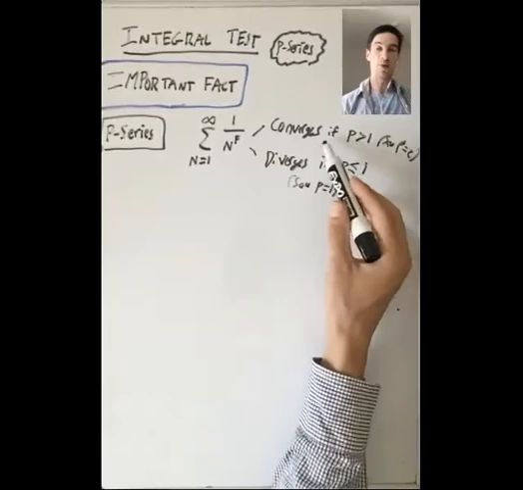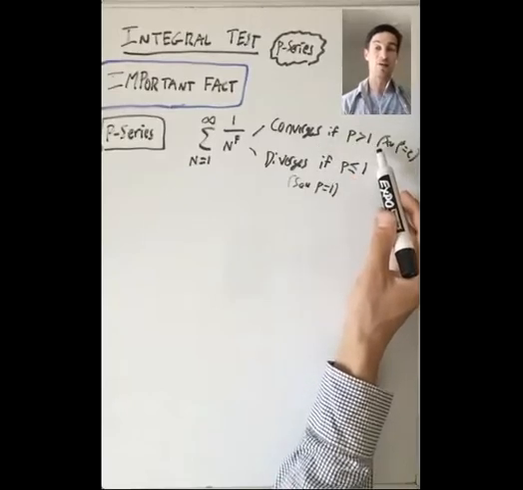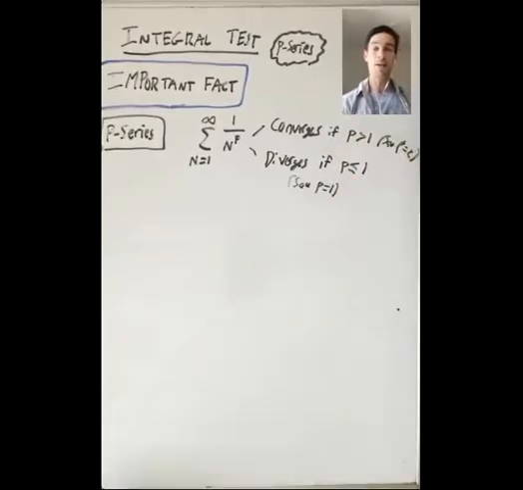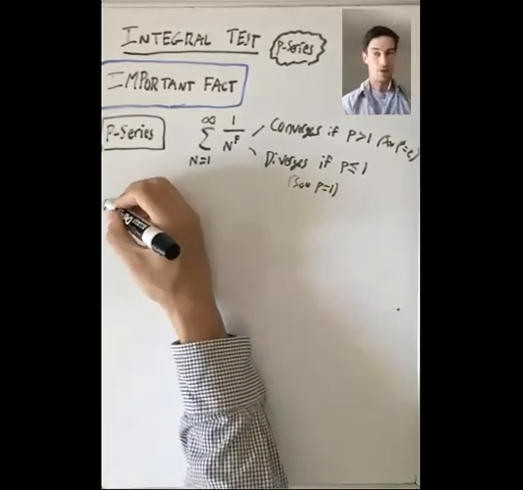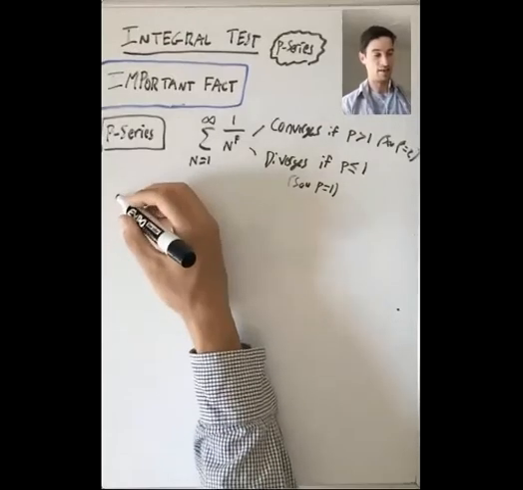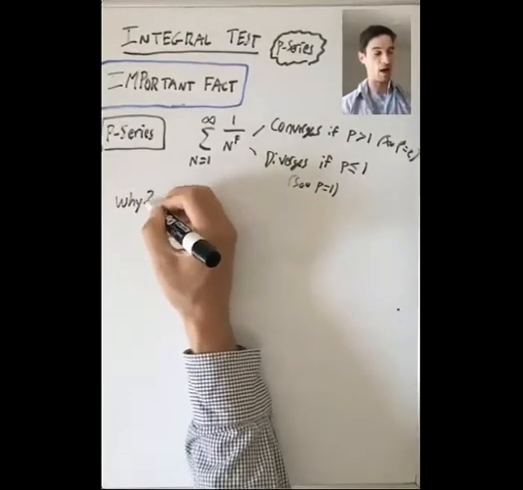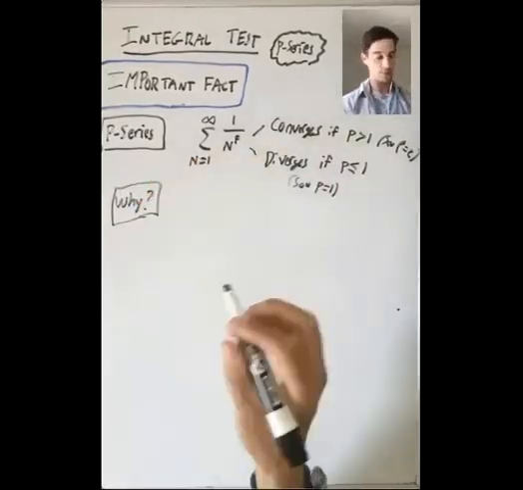The integral test will tell you that this series converges for p bigger than 1, but it will not tell you what it converges to. You don't need to know how to prove things like this for this course, but let me just explain why this is true.